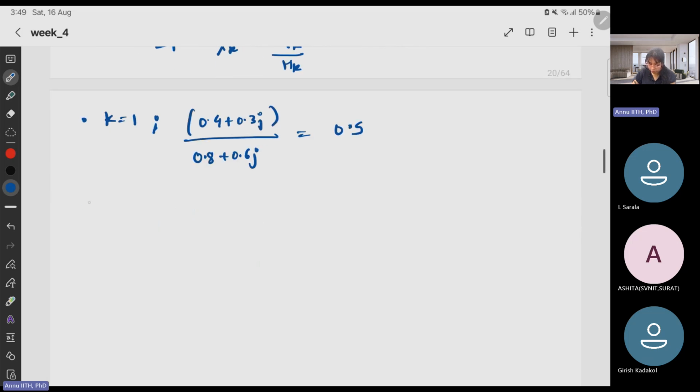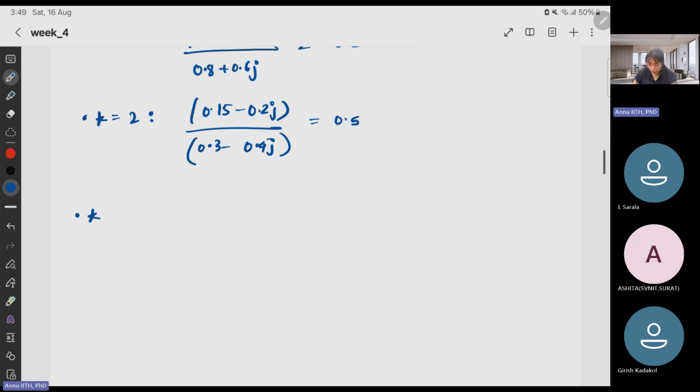You can calculate it; it is one of the given examples I am taking. Then 1.15 minus 0.2j divided by 0.3 minus 0.4j is equal to 0.5. And for k equal to 3, 0.9 divided by 1 is equal to 0.9.